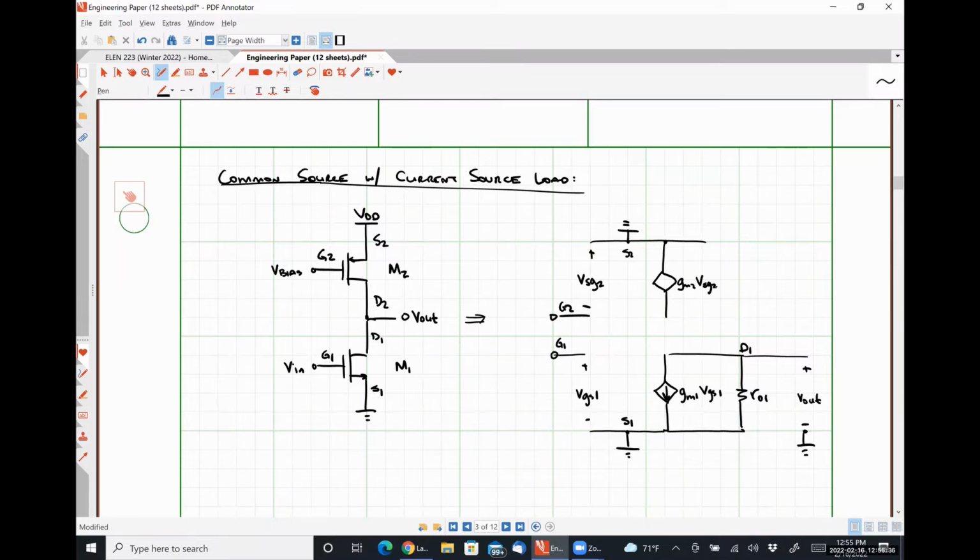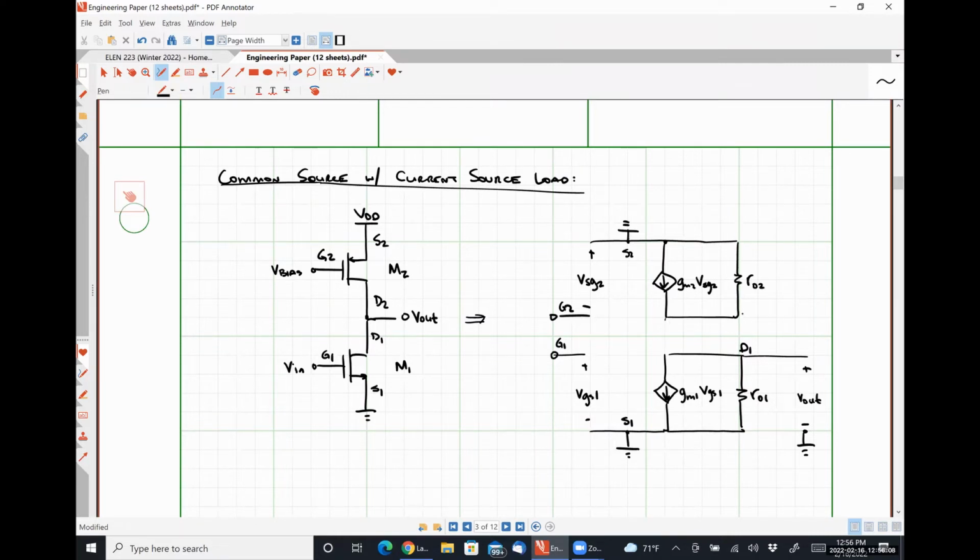So in a PMOS transistor, does the current flow from the drain to the source or from the source to the drain? Source to the drain, right. Up from point of high potential to the point of low potential. So our arrow is going to be down, like so. And if channel length modulation effects are included, we'll have our resistor R02 here.